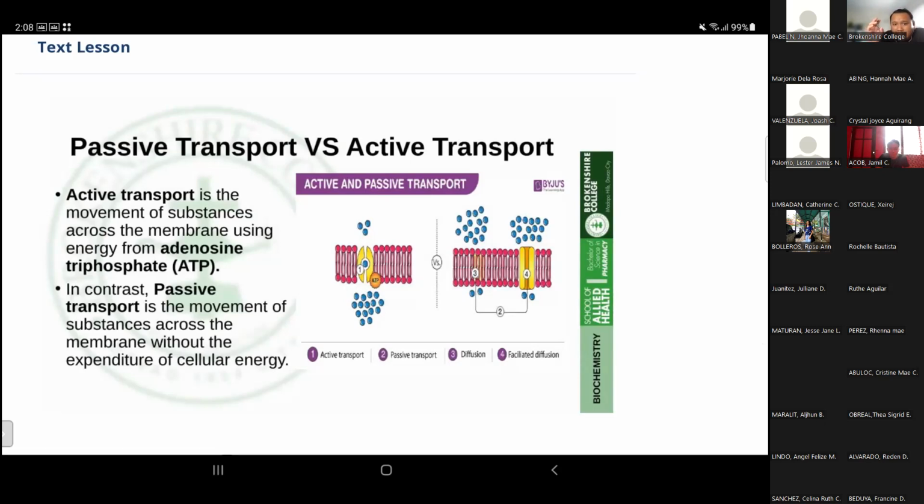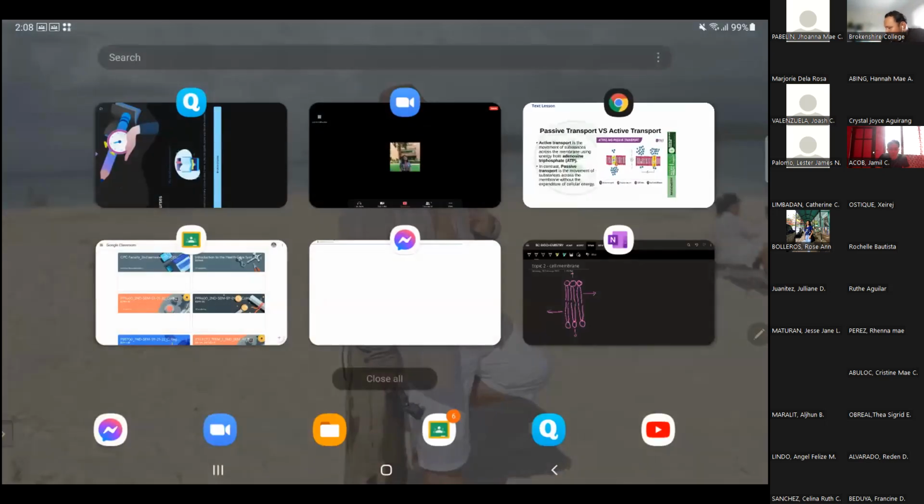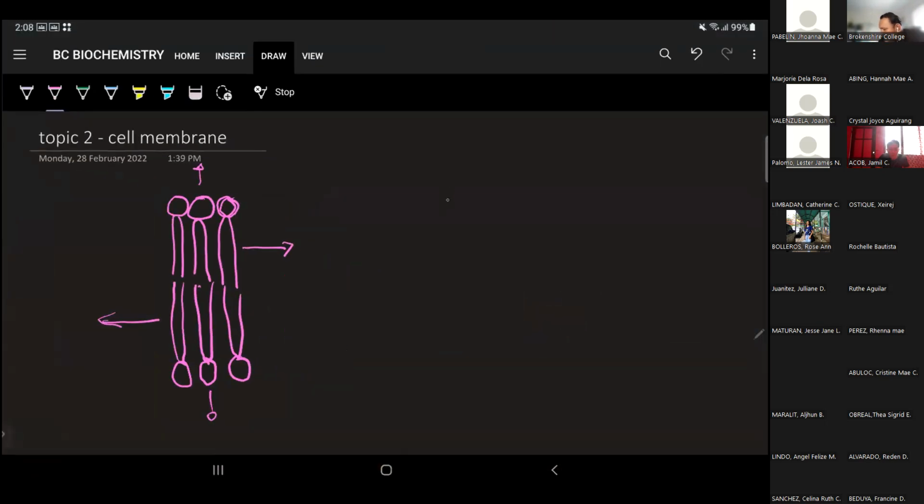Since it needs ATP, they bind to a particular receptor in the channel in order for the substance to move inside. Di ba? Naintindihan niyo yung drawing ko?